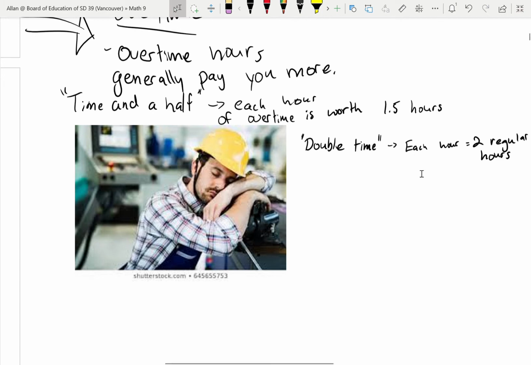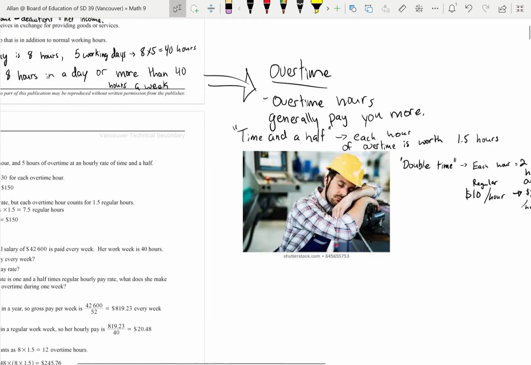So the idea is if you normally get paid $10 per hour, in this case, if you got paid double time, you would get paid $20 per hour, just for the overtime hours that you work. So when you go past that regular workday for yourself.